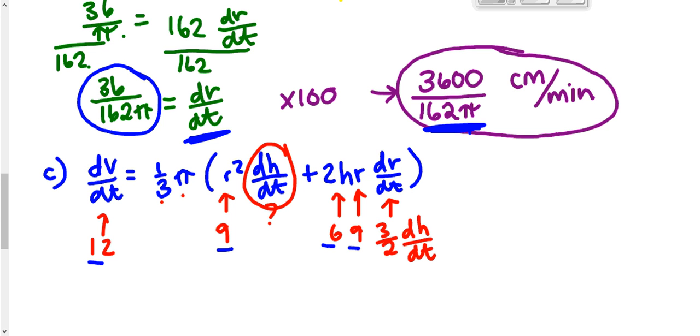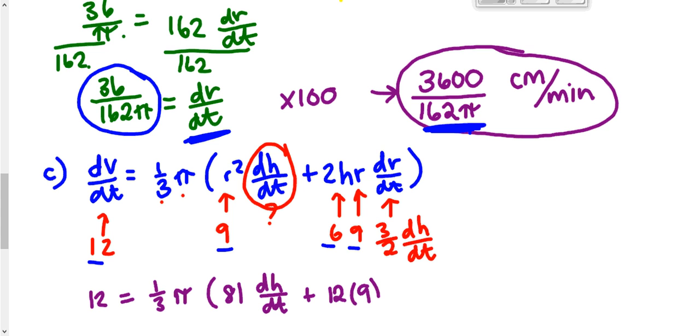So if we do it this way, we have 12 equals 1/3 pi r squared, so 9 squared is 81, dH dt, plus we have 2 times 6, which is 12, times 9, times 3/2, dH dt.